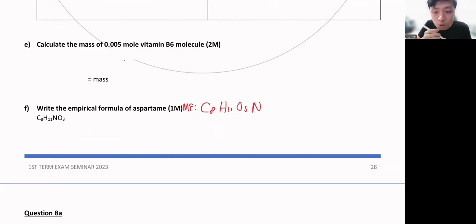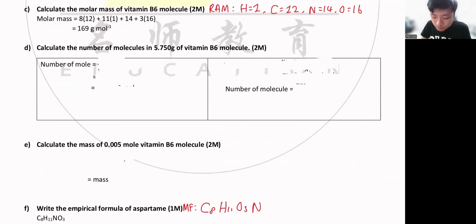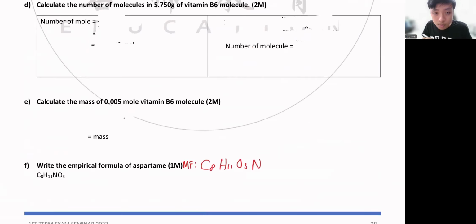Sorry, it's NO3. They follow the alphabetical order: M, N, O. So you write N first and then O. Okay, sorry. C, M, N, O, P. I have to go back to primary school.